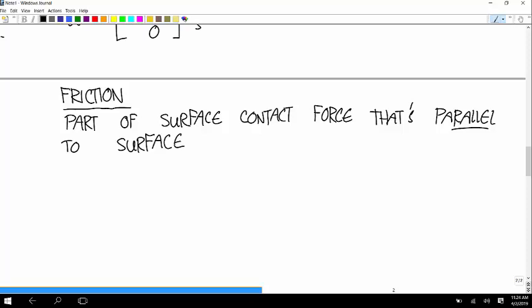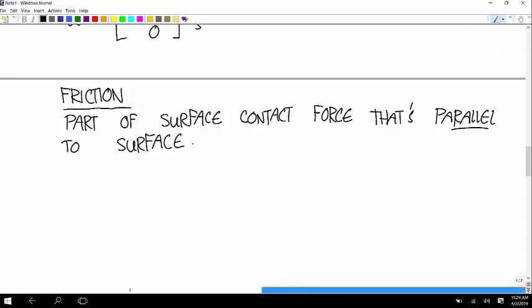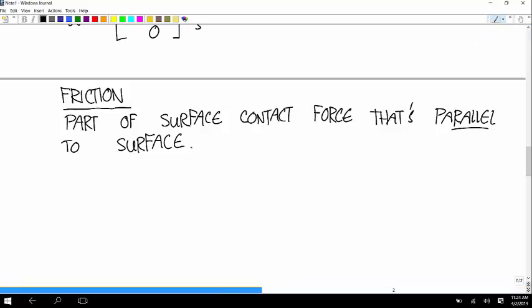The other part of the surface contact force is that normal force, and we know that's always perpendicular to the surface. We're going to break friction up into two different types. So there are two types of friction.